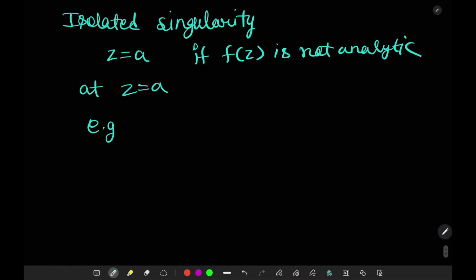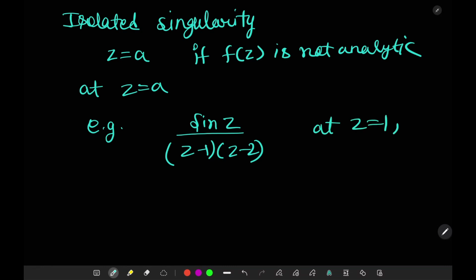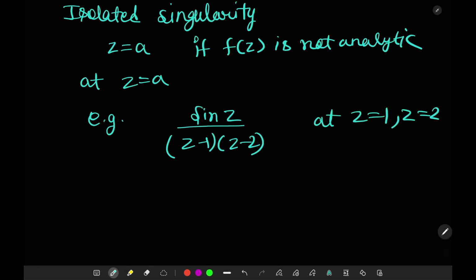For example, sin z divided by (z minus 1)(z minus 2) has isolated singularity at z equals 1 and z equals 2.